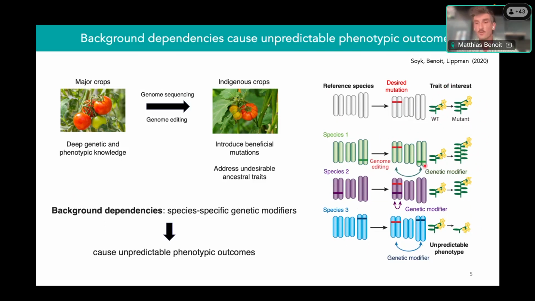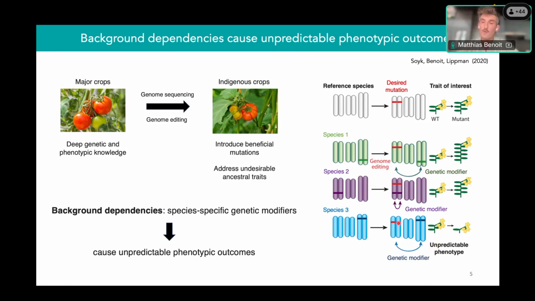This is due to the interaction between the de novo mutation inserted by genome editing and background polymorphisms, genetic modifiers already present in the genomes of the receiving plants, that modify the activity of the mutation and then modify the phenotype at the end of the day.